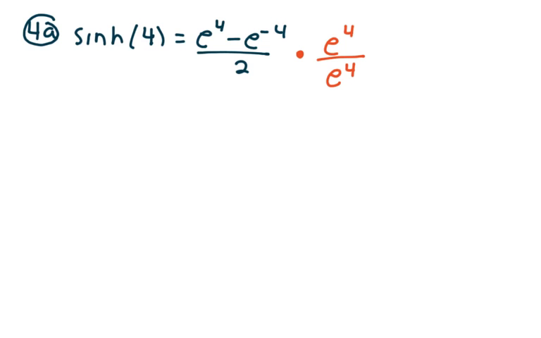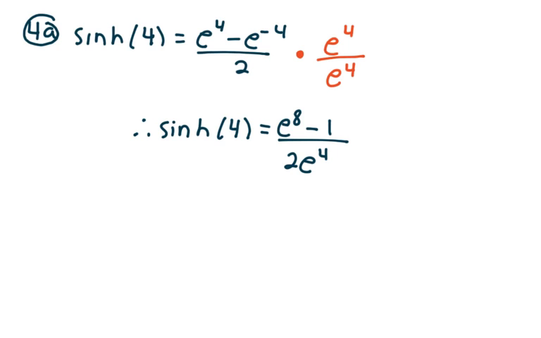And when that happens, I get sinh of 4 is, now e to the 4th times e to the 4th is e to the 8th. So I get e to the 8th minus 1 divided by 2e to the 4th. And that's 4a.